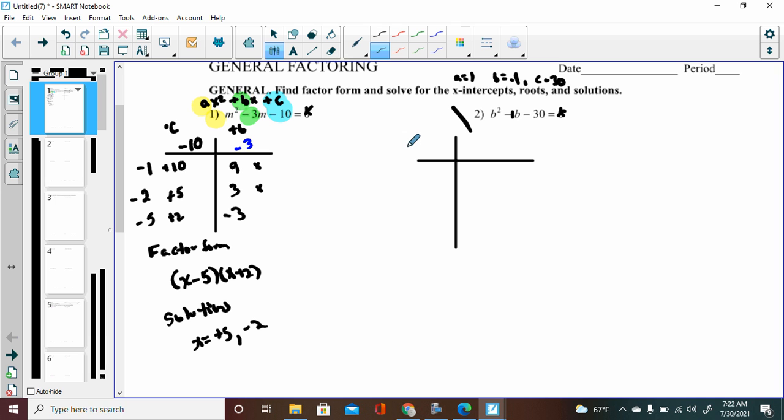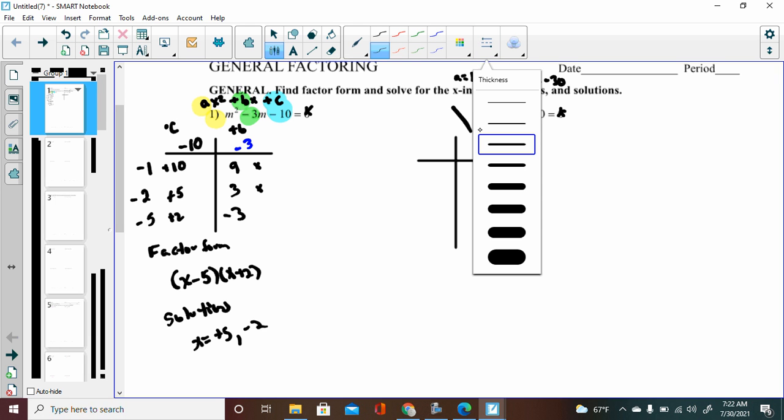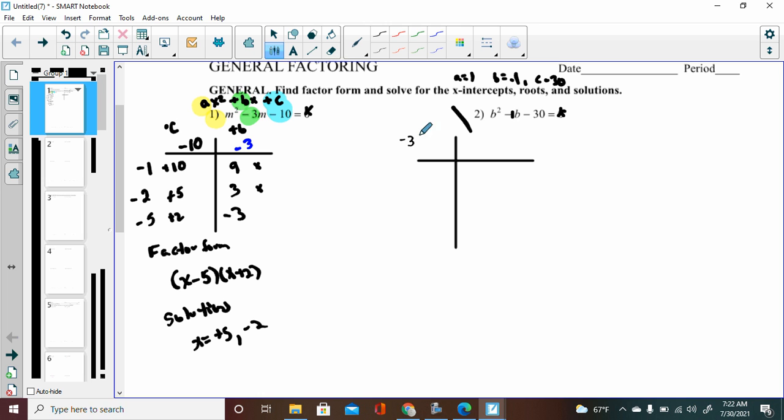Okay, so I'm looking for two numbers that multiply to -30. So they multiply to this number and add up to -1. So I'm going to try -1 first because it's negative. Divide by -30, I get +30. Add those together, it's 29.